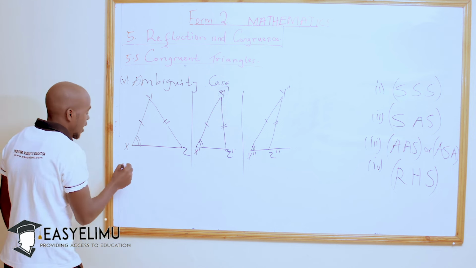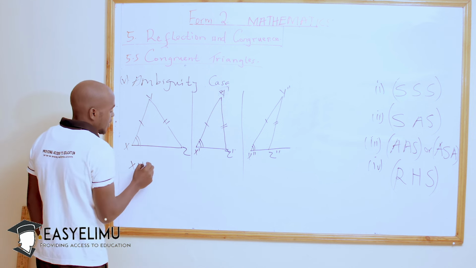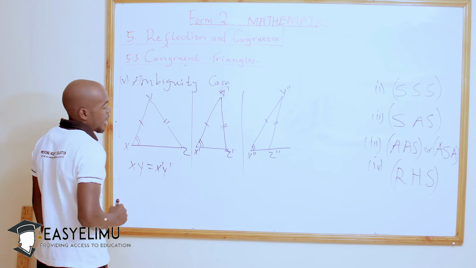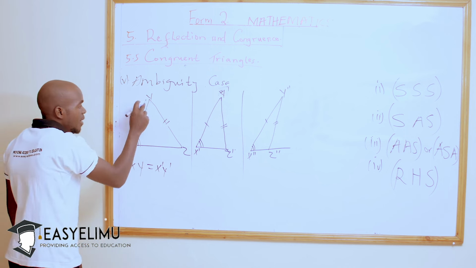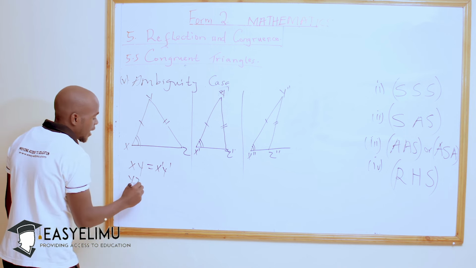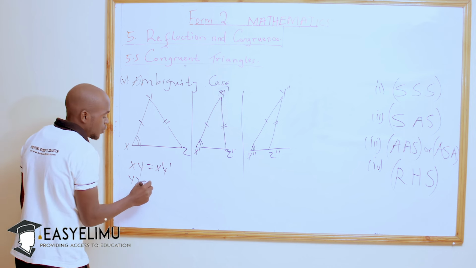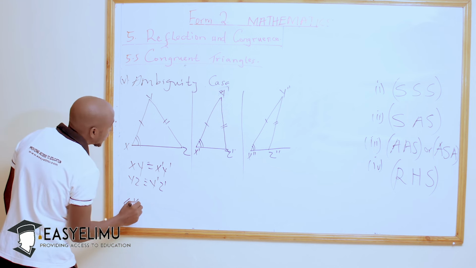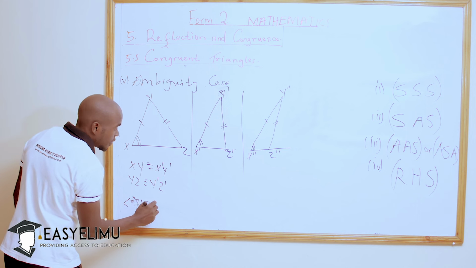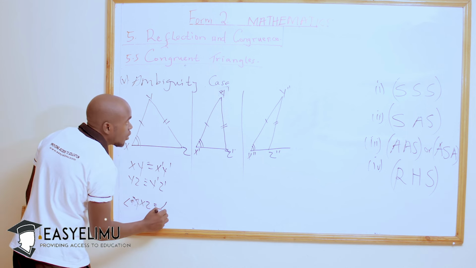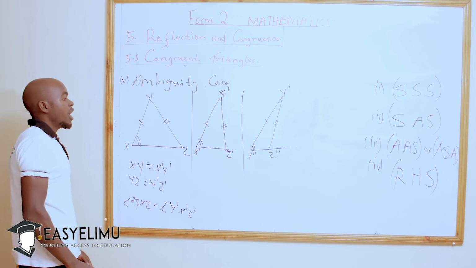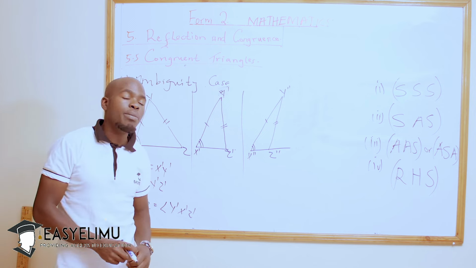So we can see that xy is equal to x prime y prime, and here the same applies that yz is equal to y prime z prime, and angle yxz is equal to angle y prime x prime z prime. So there we can conclude, and that is the only ambiguity case.